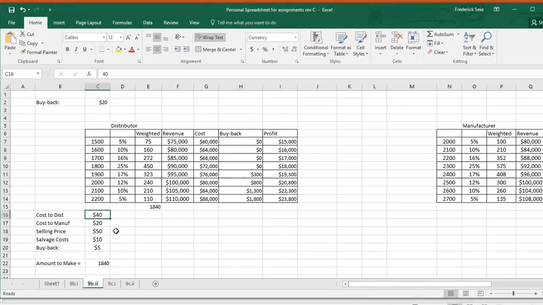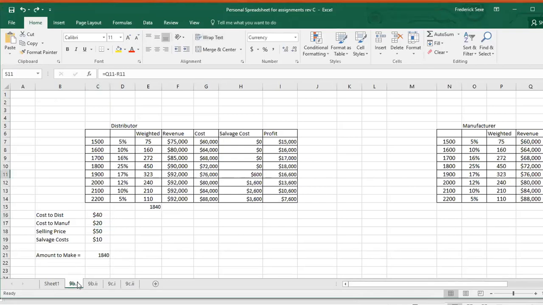We're going to, as a manufacturer, sell it for 30, so that the distributor's profit goes up. You can do that too. In revenue sharing, you're basically going to sell it for a different amount. If you do revenue sharing, you can actually go back to 9B1 and just put cost of distributors 30, and you see how these all change.